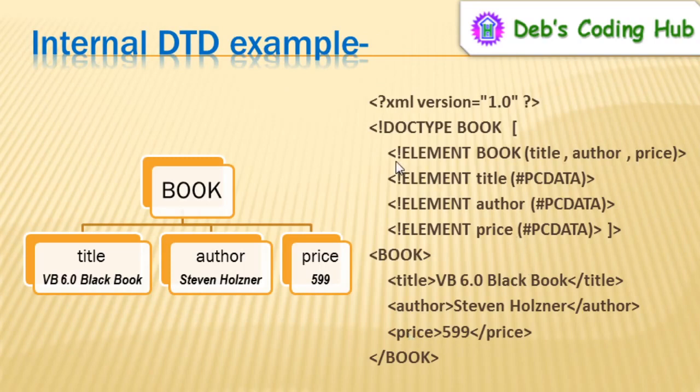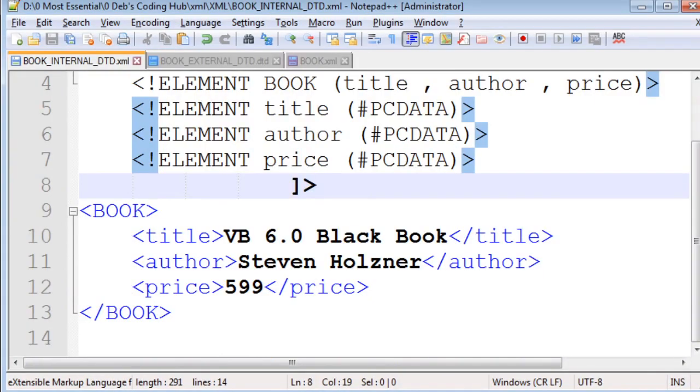You can see we have just copied whatever is put inside this doctype, from this element book to element price. So inside square brackets, whatever is there, if I cut that from an internal DTD based XML file and paste it in another document, I can save it as a .dtd file. So let us see.